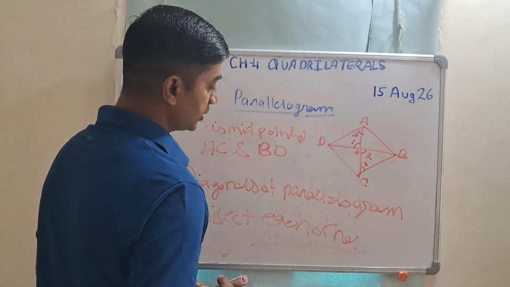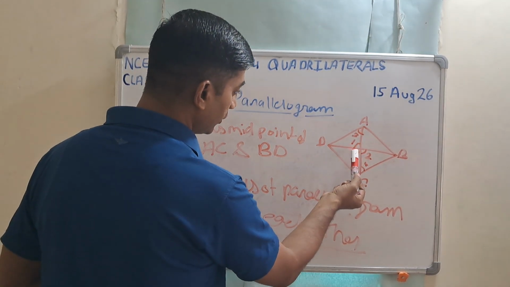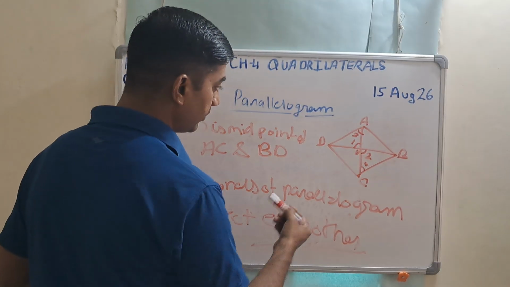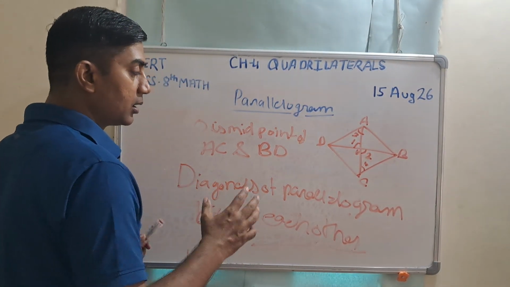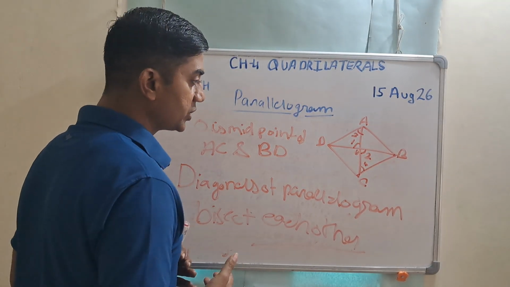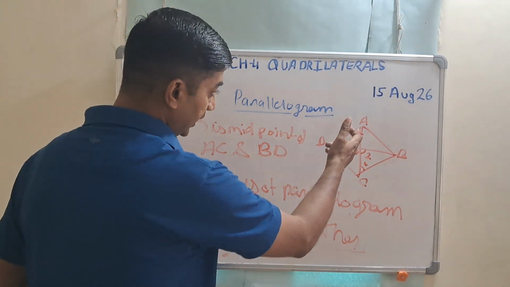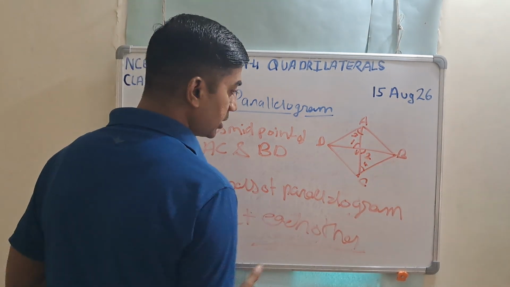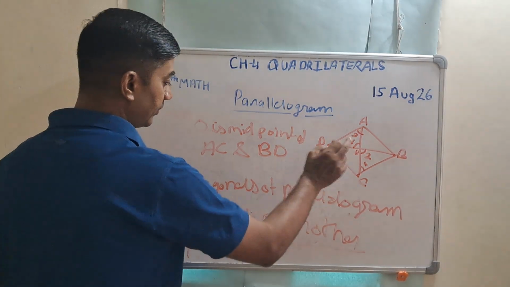See, we have established the relation that AO is equal to OC and DO is equal to OB. It doesn't mean that all the four parts are equal. Means we have not come to the conclusion that AC is equal to BD. This is not what we have concluded. We have only concluded that O is the midpoint.